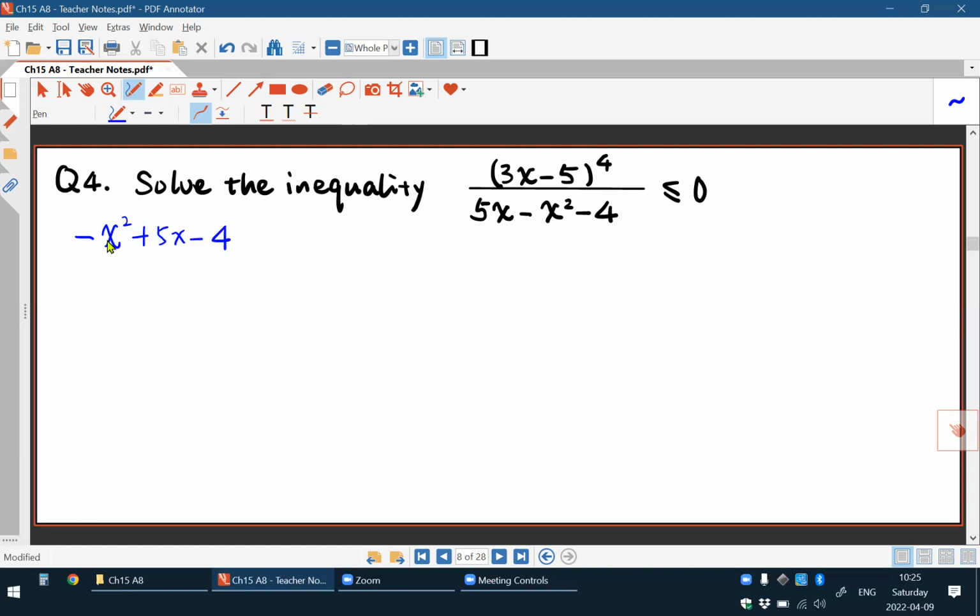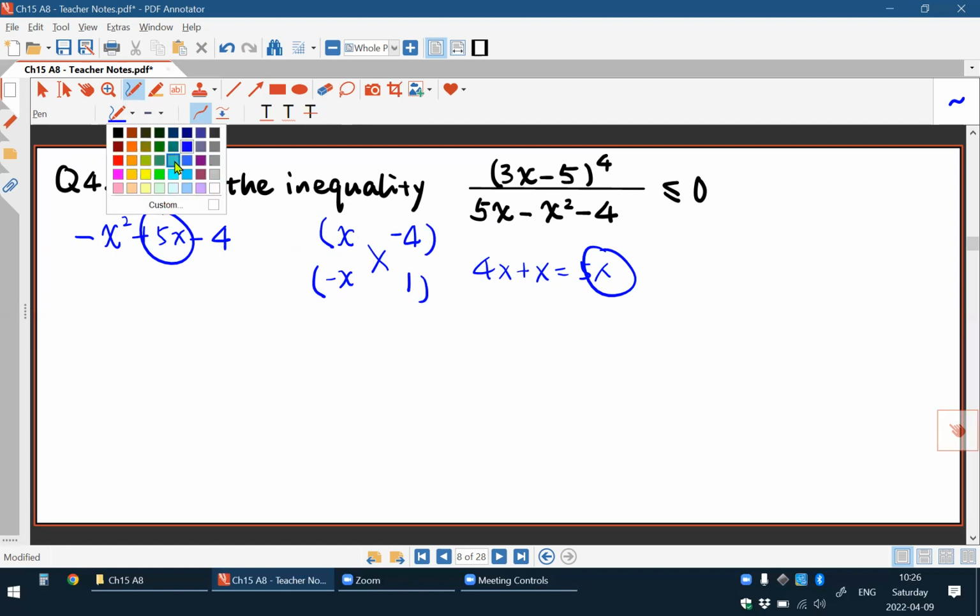And we have a -x², so let's try using the cross multiplication. -x² can be factored to x by -x. Then -4 can be factored to -4 times 1, right? Then by cross multiplication, we'll get 4x plus x. This is 5x, which is the term exactly in the middle, right? So the first factor is x minus 4. The next factor is negative x plus 1.